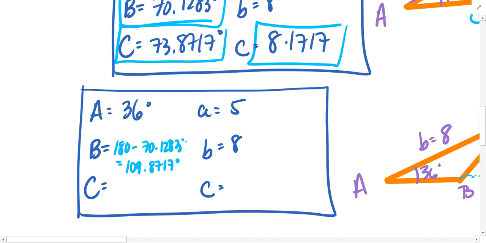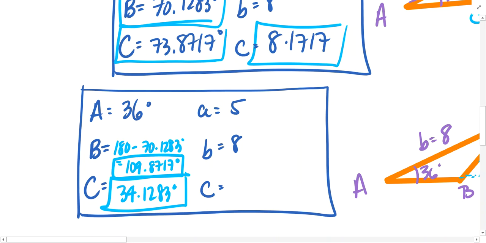And if angle B is 109.8717, and angle A is still 36 degrees, then angle C is going to be 34.1283 degrees.